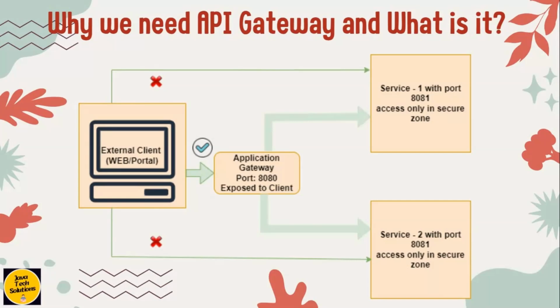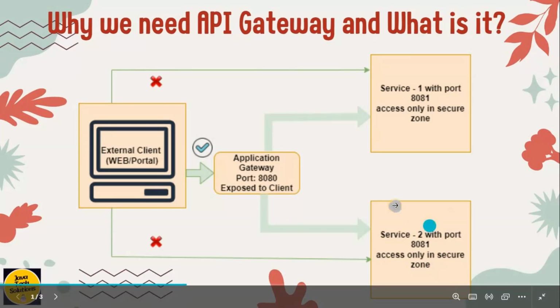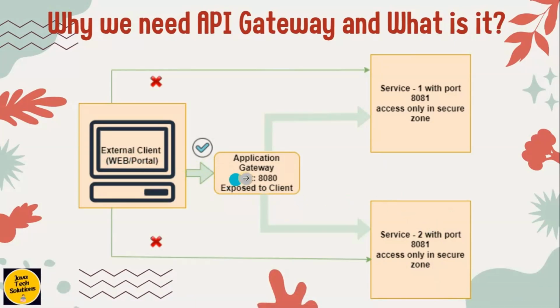As you can see over here, this is the client and this is the gateway. This is one microservice, service one, and this is another microservice, service two. Whenever any request comes, it first comes to this application gateway.